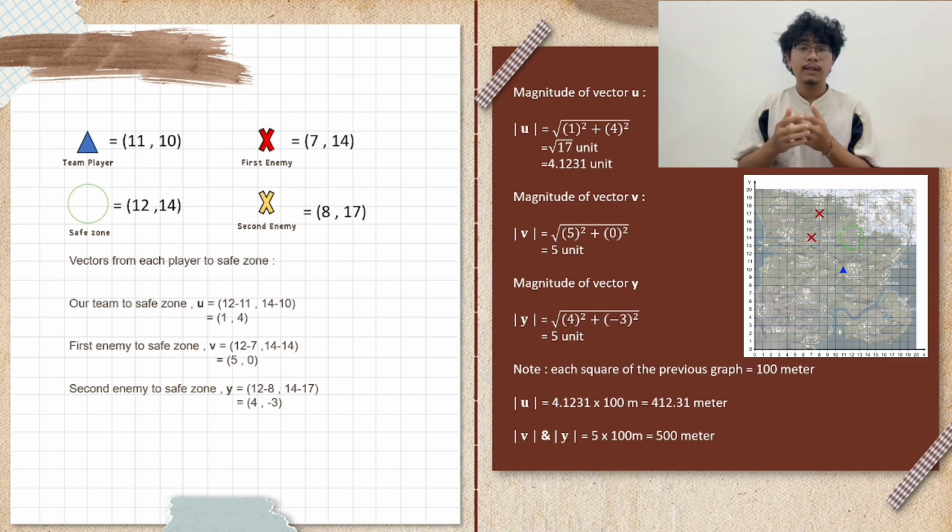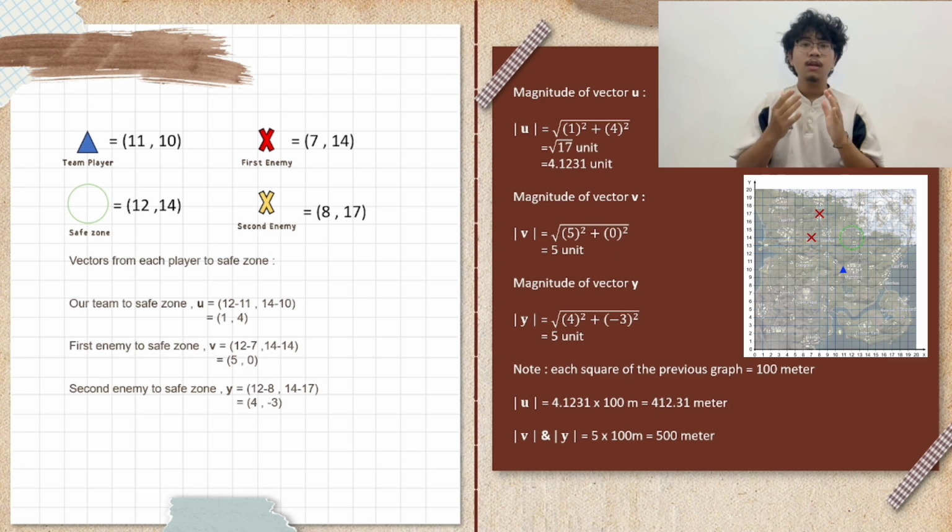Using a calculator, we get 4.1231 units. The magnitude of vector v is 5 units, and the same for vector y, which is also 5 units.